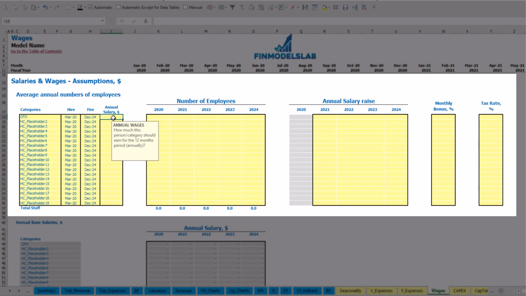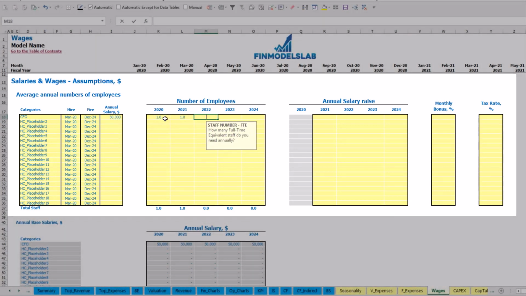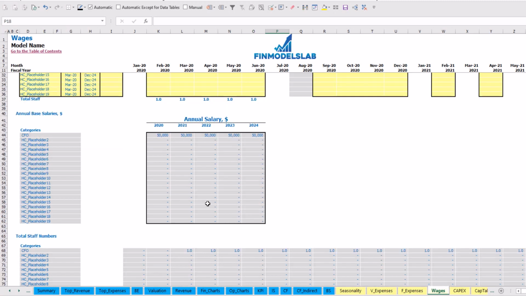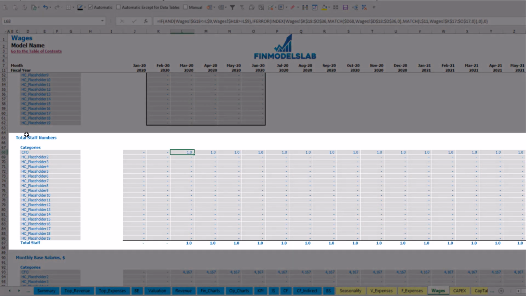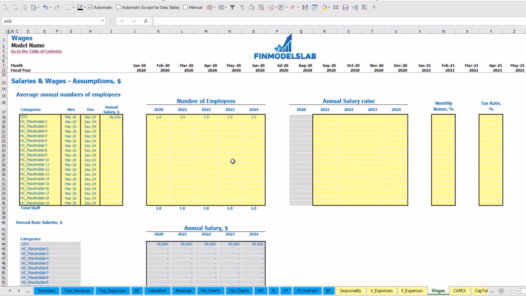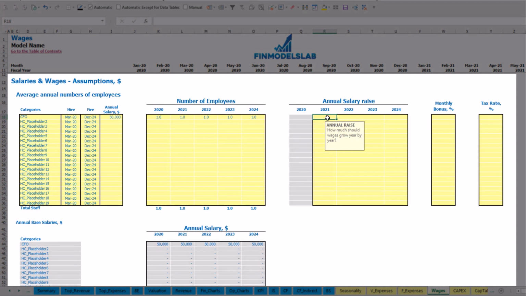So annual salary can be $50,000, and this will be one CFO over the time. So you may see one CFO, which is one headcount, starting from March till the end of the model, which is December 24. Also, you can input 5% of salary growth rate.